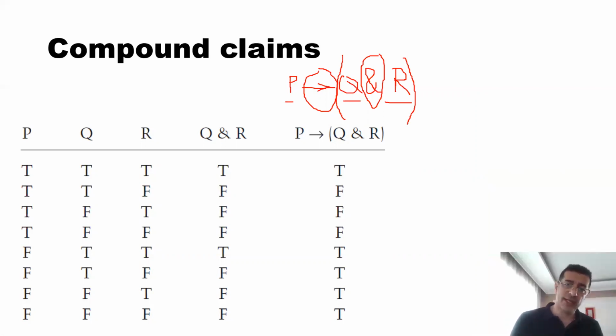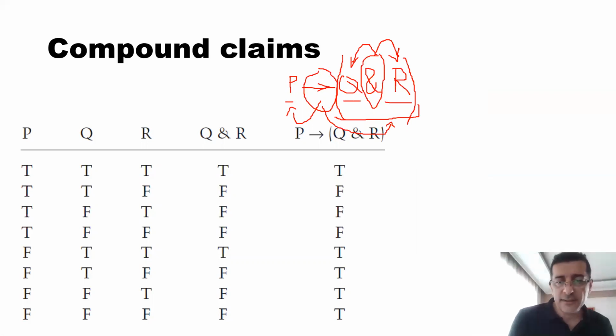So parentheses actually help us, as I mentioned earlier, to decide what this operator is applied to. This applies to Q and R, right? But this operator applies to P and the whole Q and R.